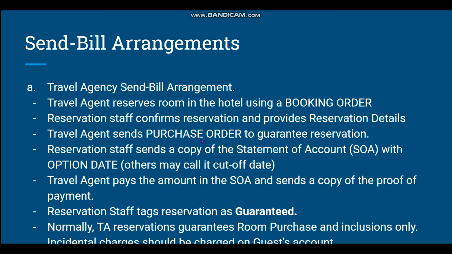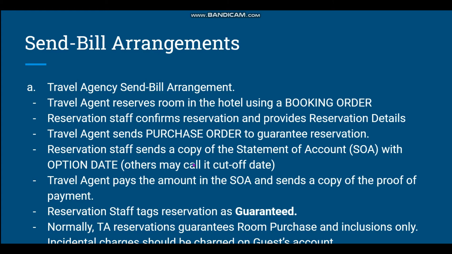A purchase order is almost the same as the booking order, but it is already a document saying that they are guaranteeing or buying a certain service from you. So once you receive the purchase order, you basically guarantee the reservation. Once you guarantee the reservation, you now ask for a payment from the travel agent.